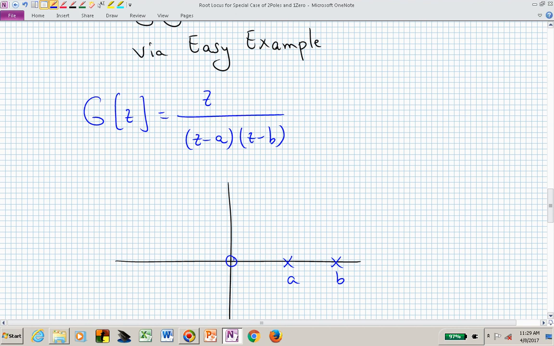Here I'm just saying, let one pole be at A, the other pole be at B, and for simplicity, that's why I'm saying an easy example, let's put our 0 right at the origin. So our system, the open loop transfer function, which we have been calling G bar, would now be Z over the two factors Z minus A and Z minus B.